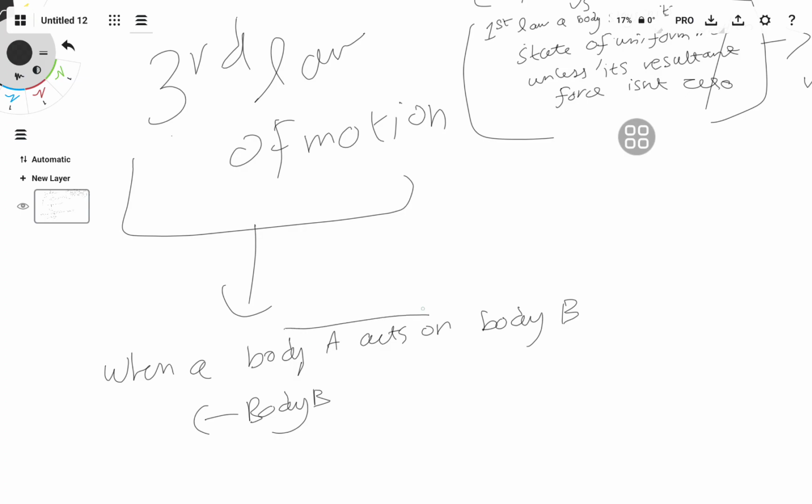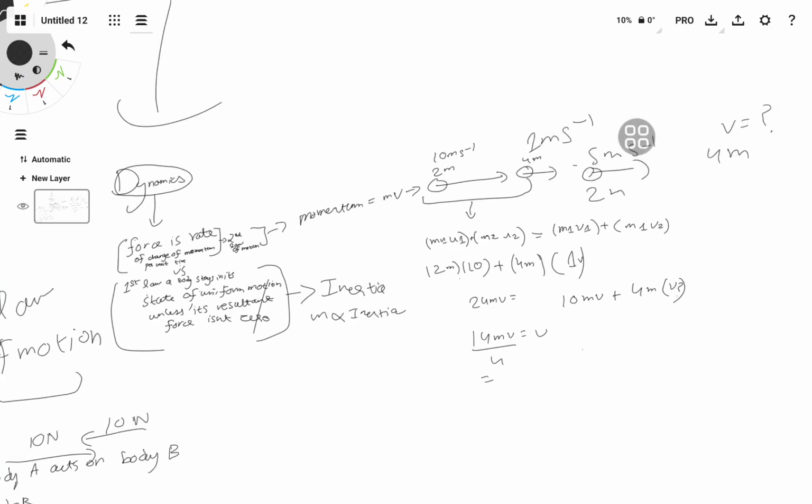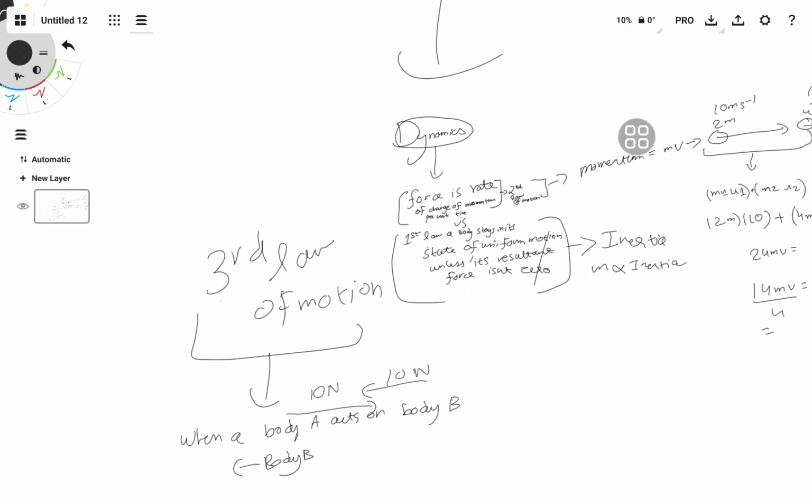Basically, if this is applying a force of 10 Newtons in this direction, then this will apply 10 Newtons in this direction. These are the Newtonian laws of physics. Though if you study later, in university or at higher levels, you will know that this is not all: Newtonian laws of motion apply to macro things, but at the quantum level things are very different, which will not be discussed here. Okay, third law of motion.